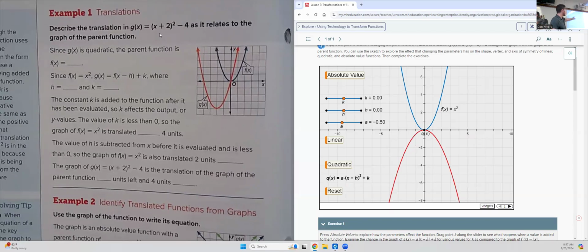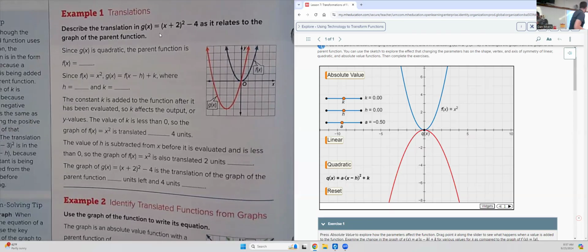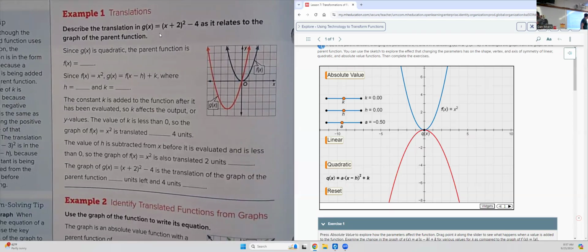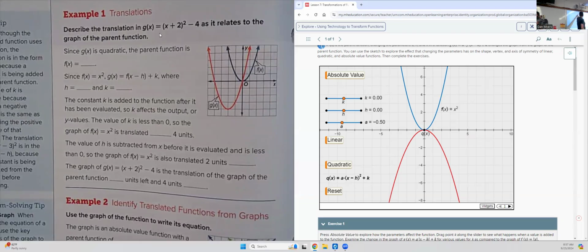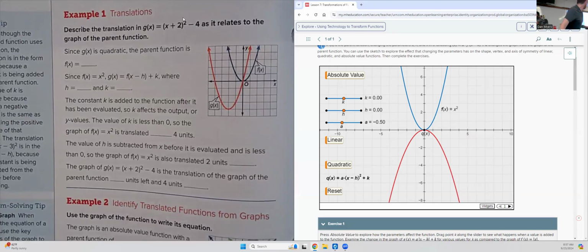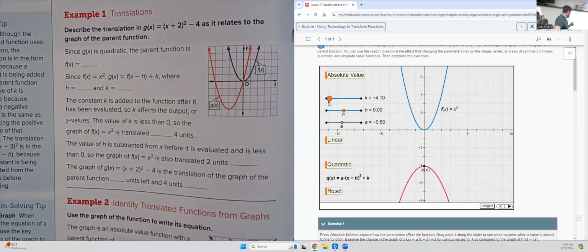First of all, there is no change in an a value here because an a value is always multiplied at the front side of the function, and there is no multiplication outside of the grouping. But we do have a subtraction of 4, and we do have a plus 2. The subtraction of 4 is afterwards, so that's going to be a k value. And so you move that down 4, as close to 4 as we can, I should say.